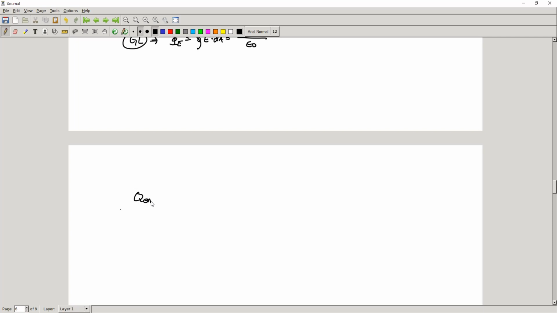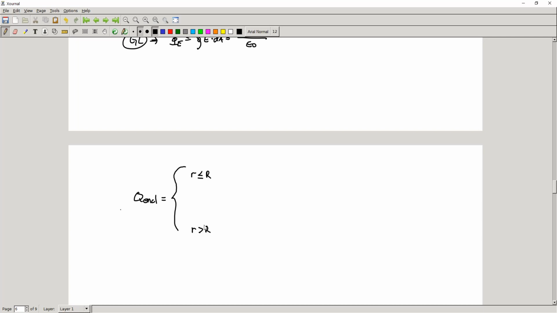Okay, so Q enclosed is going to be piecewise defined, right? It's going to be equal to different things when small r is less than big R. So there's going to be one definition when small r is less than or equal to big R, and then another one for when small r is greater than R, right?